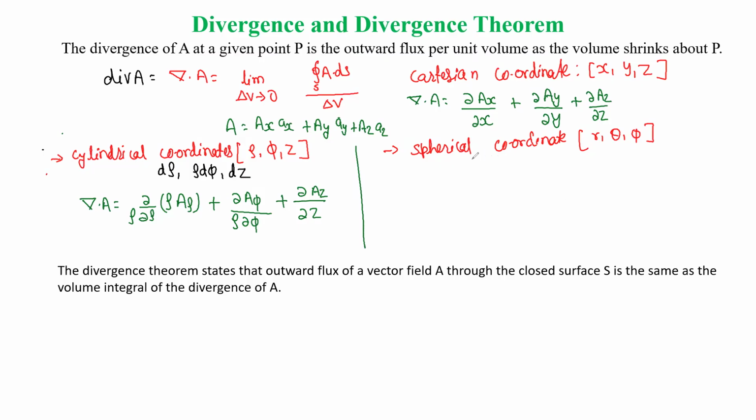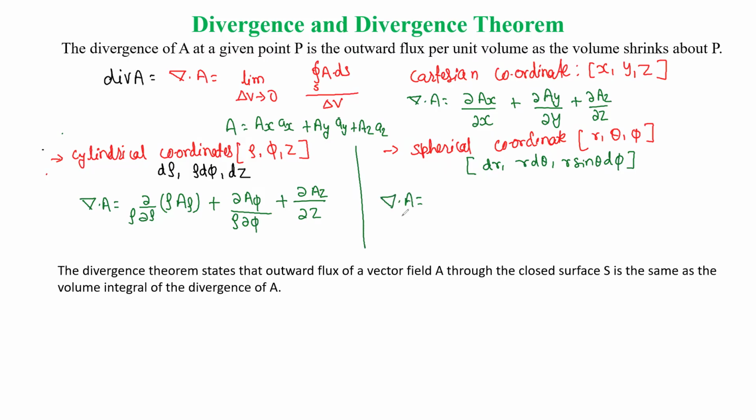There again, if you consider the elementary volume in spherical coordinates, the sides of the cuboid are dr, then r d theta, and r sine theta d phi. The same concept is used here.